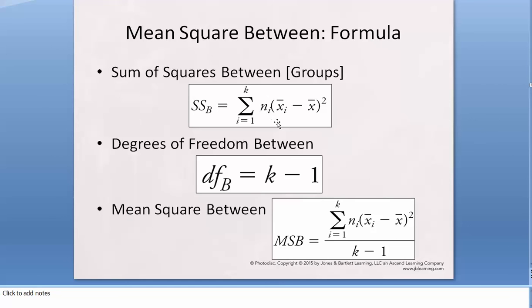Then further, to standardize for the number of groups, because if k is 10, this will be really high compared to k being 3, you will divide by k minus 1. Now this is the formula for MSB. MSB is going to be important. This will be the numerator of the F statistic we are going to work with.